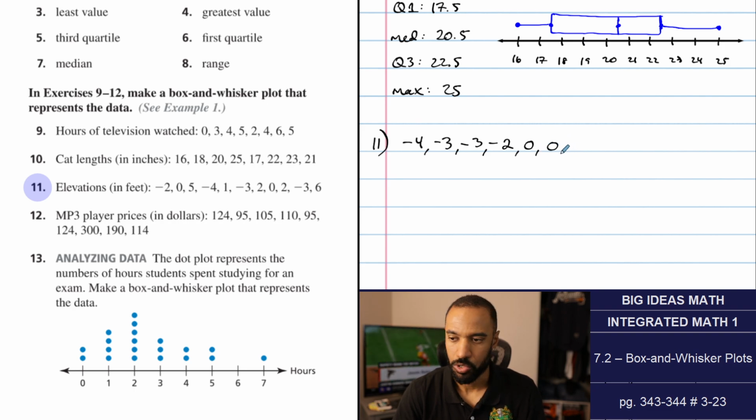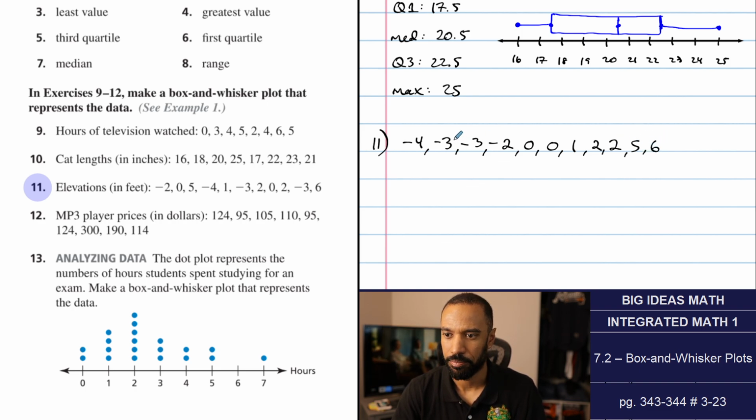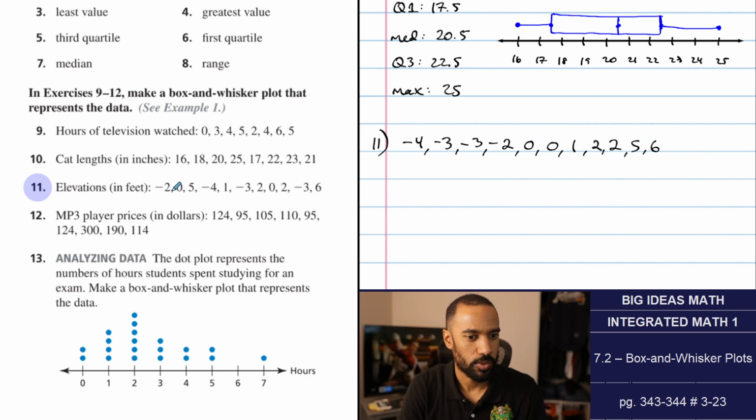Any 1s? Yes, there's a 1. I see 2 2s. I see no 3s, no 4s, a 5, and a 6, I believe. Let's count that out. 1, 2, 3, 4, 5, 6, 7, 8, 9, 10, 11. Which is good to get an odd number here. All right, got all 11.